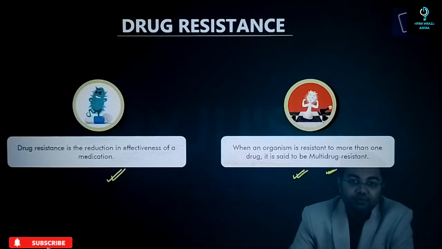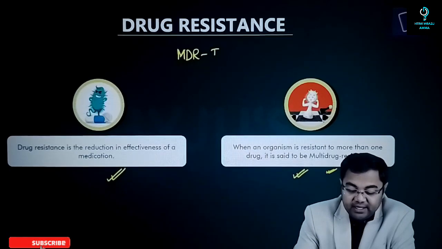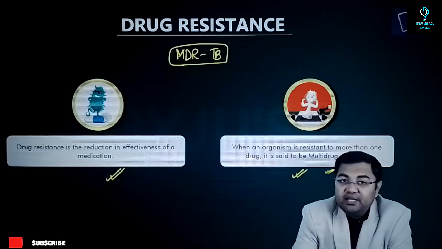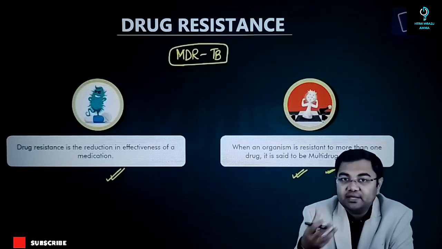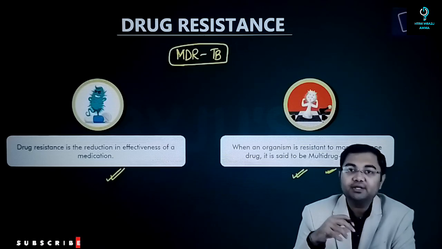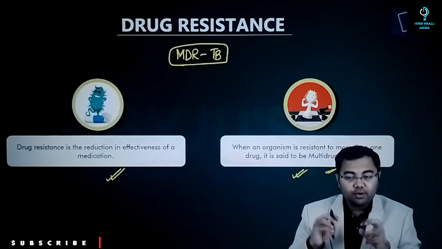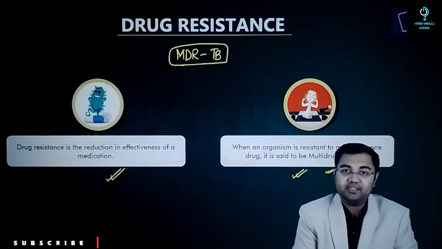All right. If you remember, we had taken an example called MDR-TB. Correct? We had discussed that it is multiple drug resistant tuberculosis, where you have a particular kind of tuberculosis where the normal medication and more than one kind of medication is not working against the pathogen.